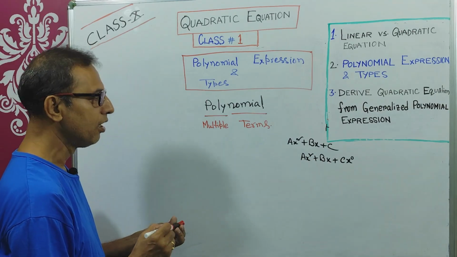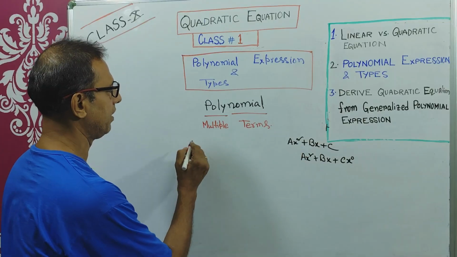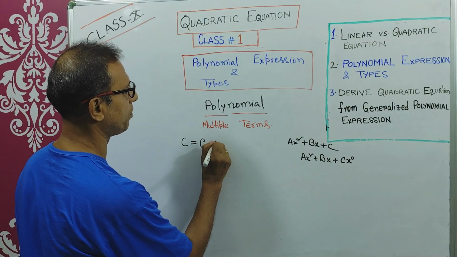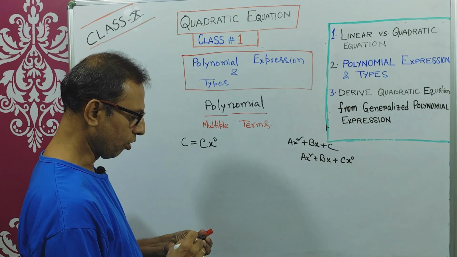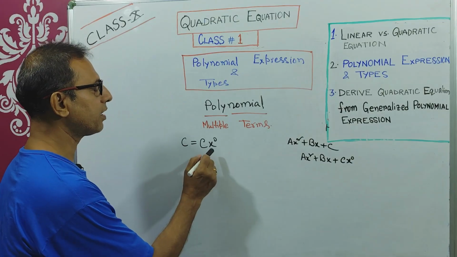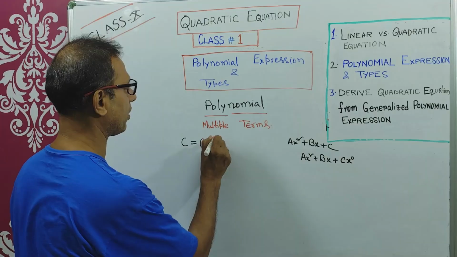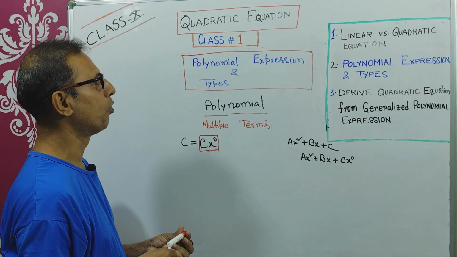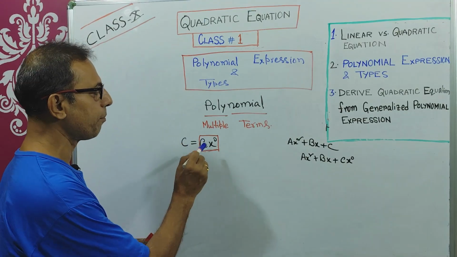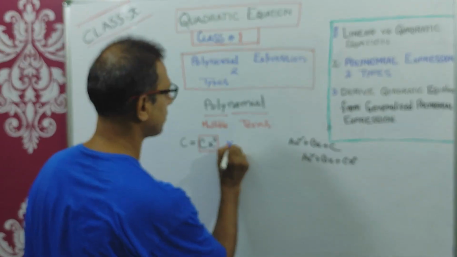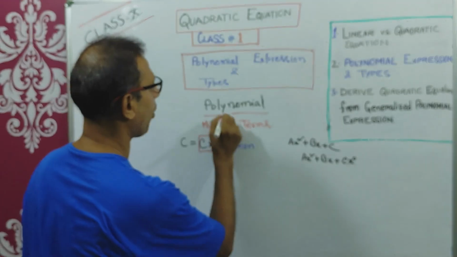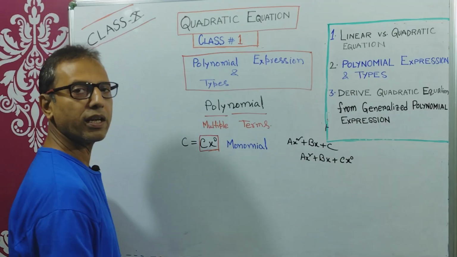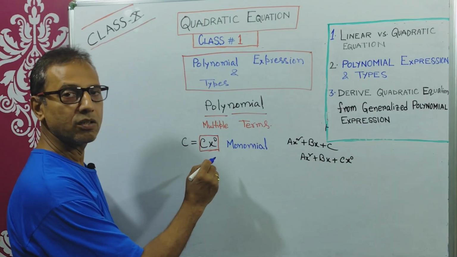Now what is polynomial? Let's say I am taking only the term c. With respect to that equation, c means c x to the power 0. Here how many terms are there? The entire term cx^0 is one term. One means monomial, so I will say this is a monomial expression. Poly means multiple; when it is one, it is monomial.